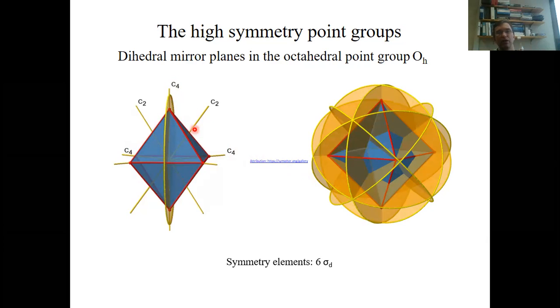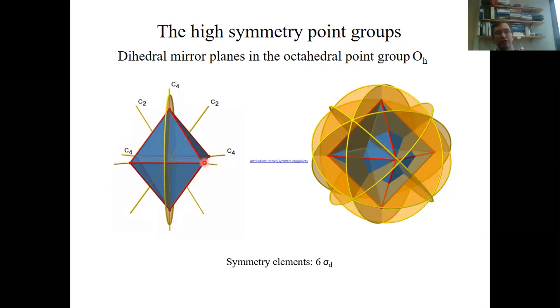Yeah, I know why. Because here only one of the two vertical mirror planes that contains this C4 is actually shown. So there's actually an additional mirror plane to this one, that stands perpendicular to this mirror plane. I don't know if you can see that.